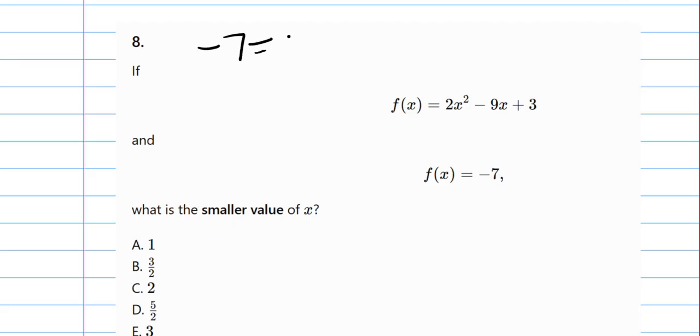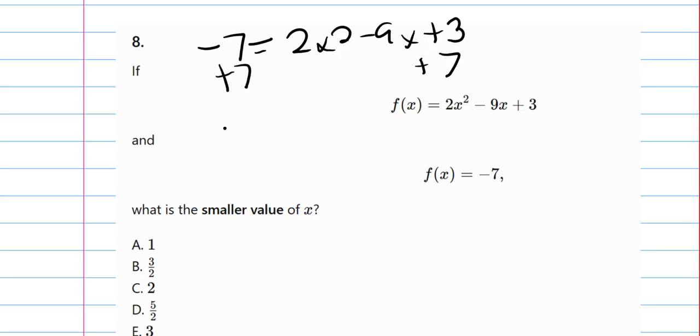So negative 7, 2x squared minus 9x plus 3. Add 7 on both sides, and we would be left with 2x squared minus 9x plus 10. Let me fix this.